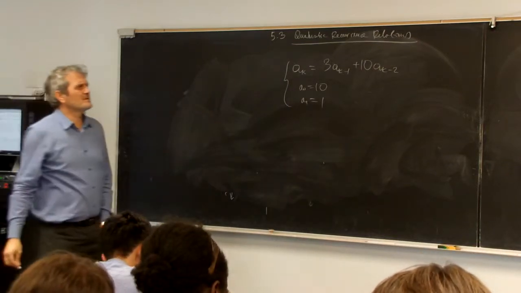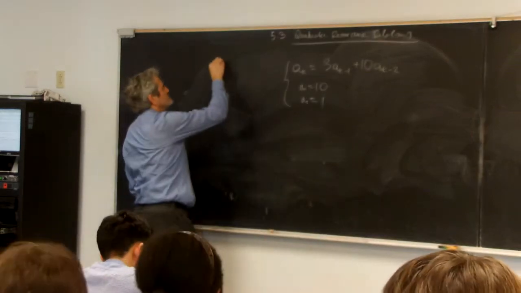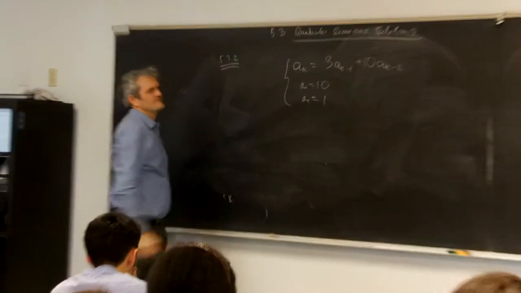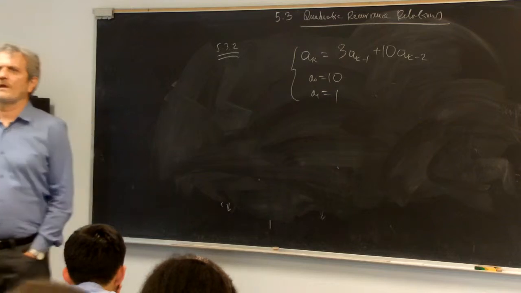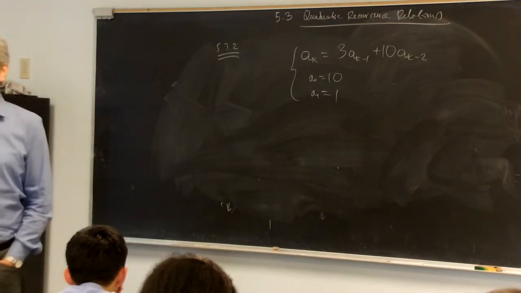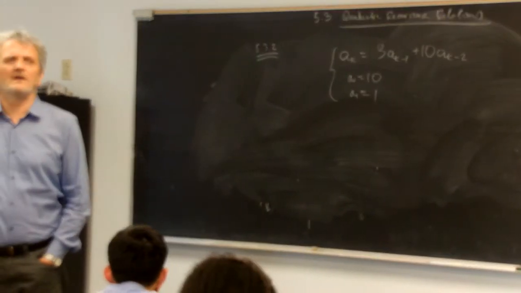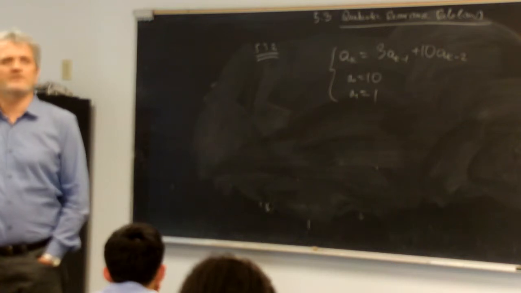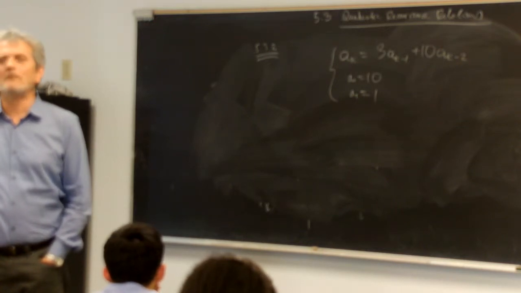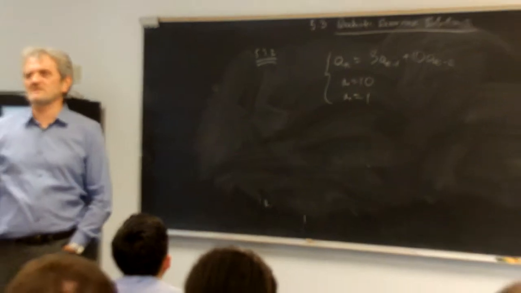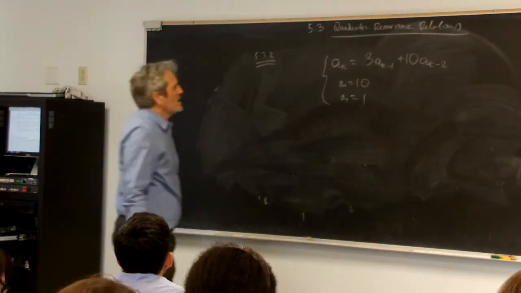So here's the problem. My first question is this: is it a correctly defined recursive sequence? Yes or no? Because I have the first two terms, and whenever I have two previous terms, I can get the next.